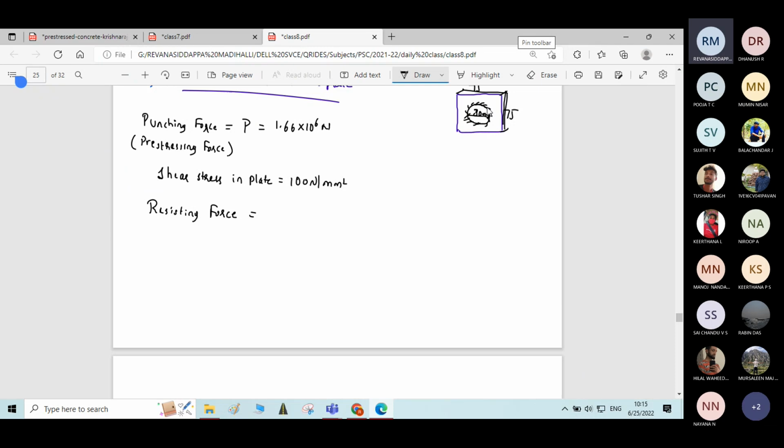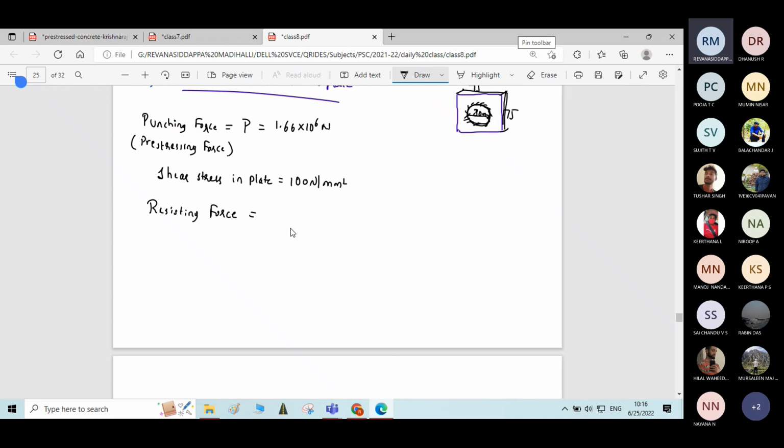Therefore the resisting force is equal to the area of the plate which is resisting, into shear stress. The area of the plate which is resisting is the circumference multiplied by thickness. That is the area which is subjected to shearing action.